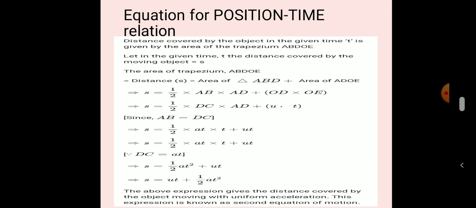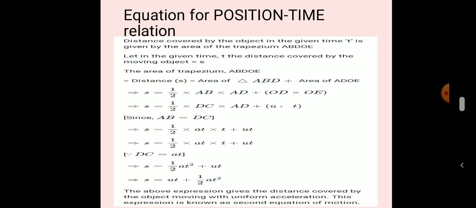Now we can also write this as S is equal to 1 half AT into T plus U into T, that is UT. Here we have substituted the value of DC is equal to AT.